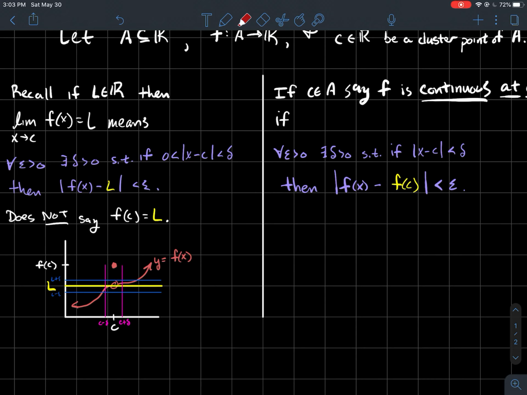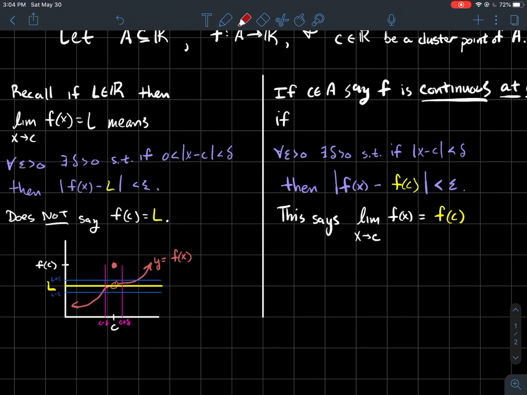This epsilon delta definition of continuity on the right looks almost exactly the same as the limit definition over on this side, but what's different is that here I'm saying it's fine if x is equal to c, and I'm saying that L can't just be anything. L has to be the output of the function at c. So this says that yes, the limit as x approaches c of f of x has to be f of c. That is a key feature of what it means to be continuous.